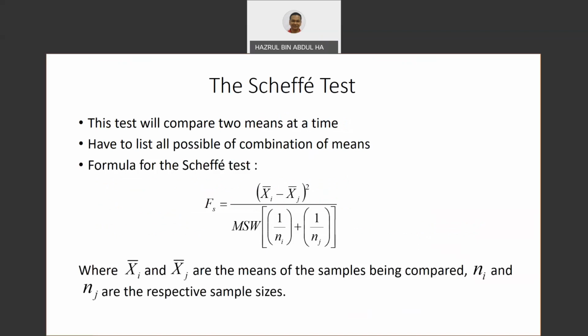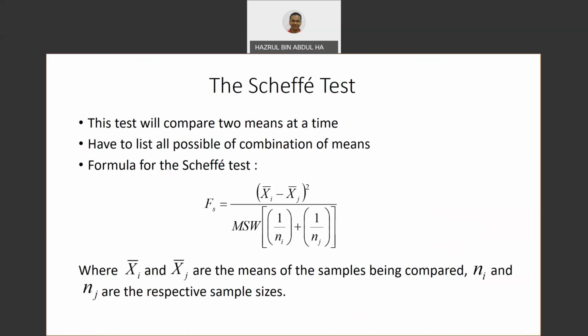This test will compare two means at a time. You can only compare two means at a time, and you have to list all possible combinations of means. Meaning that if you complete the analysis of variance and reject H naught, and you have three groups, you compare the means for those three groups.